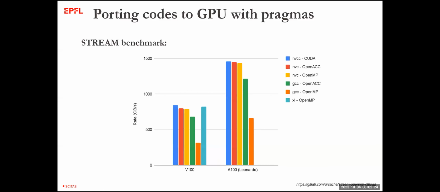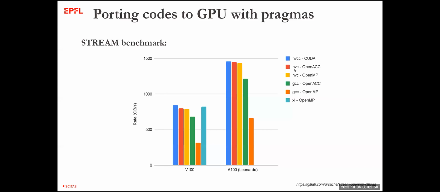The reason why we want to use OpenMP or OpenACC sometimes depends on the machine. On certain machines, we don't have access to OpenACC, for example, on Intel GPUs. But on the tests that we have done on a V100 and on an A100, we generally get better results for OpenACC than for OpenMP.